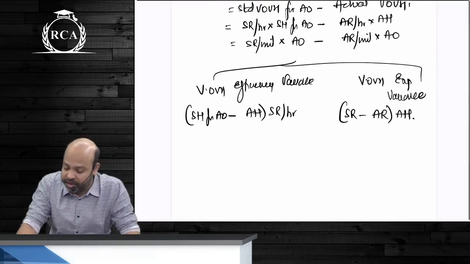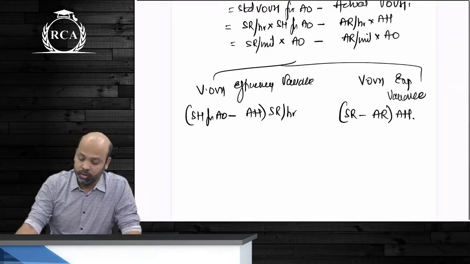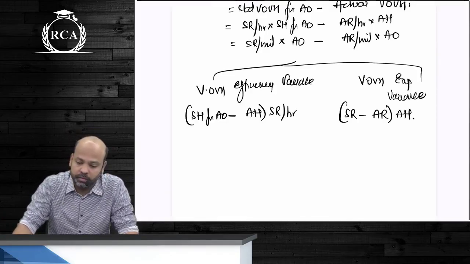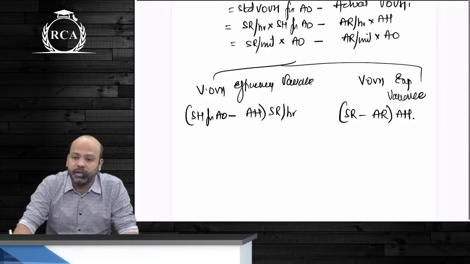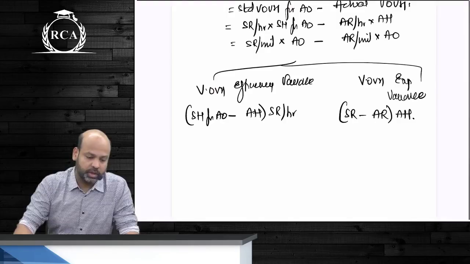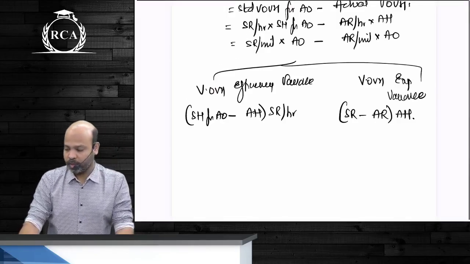For both efficiency and expenditure variance, we consider actual hours worked only.